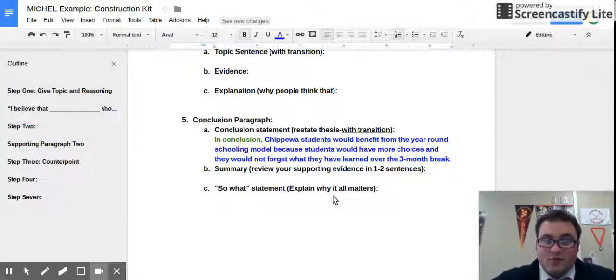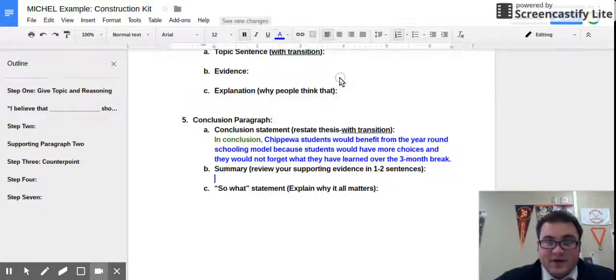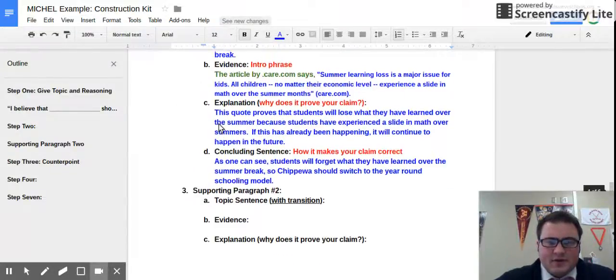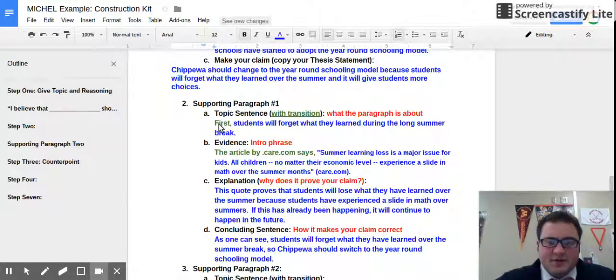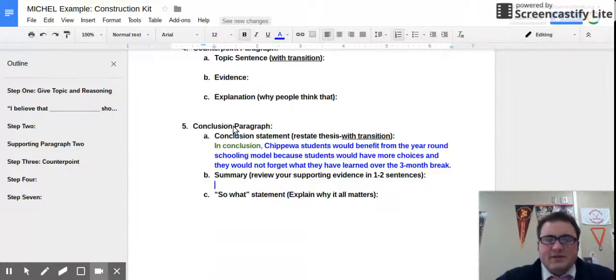We can't just copy and paste. We want to have word variety. We want to have sentence variety. We need to up our word choice. That's part of those 6+1 traits of writing. Summary. You're just going to review your supporting evidence. So those 2 supporting paragraphs. Okay, so if I scroll up, I have supporting paragraph 1, supporting paragraph 2. You're essentially going to do the same thing, tweak the topic sentence. Okay, and I like to include transitions here.